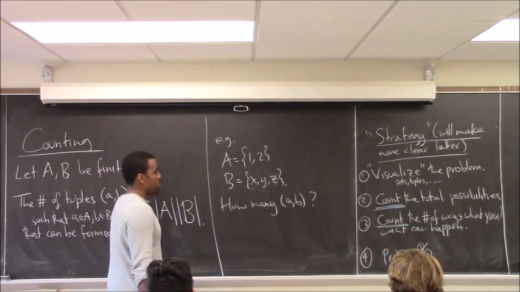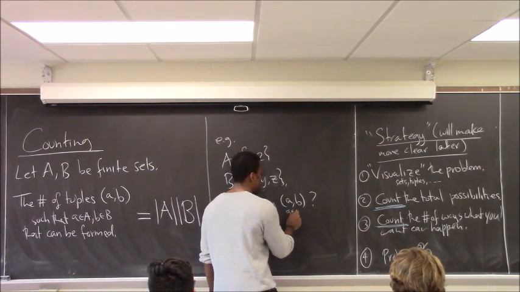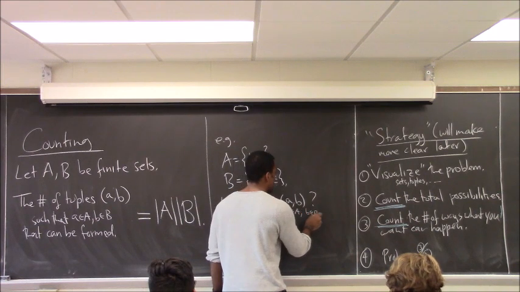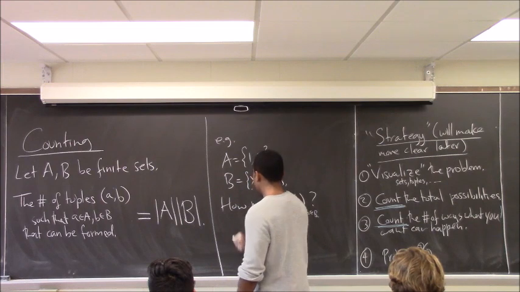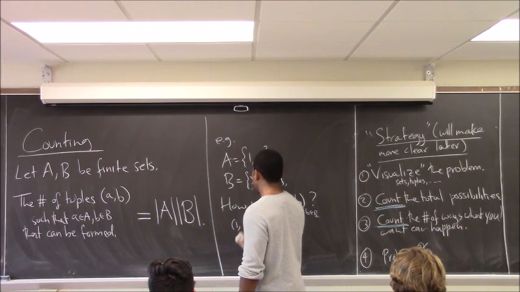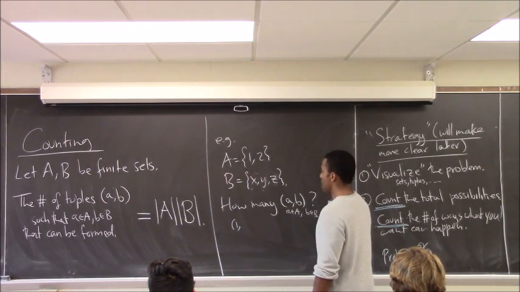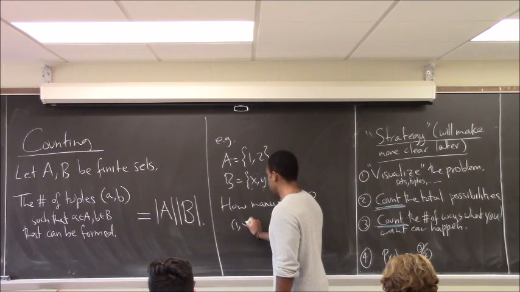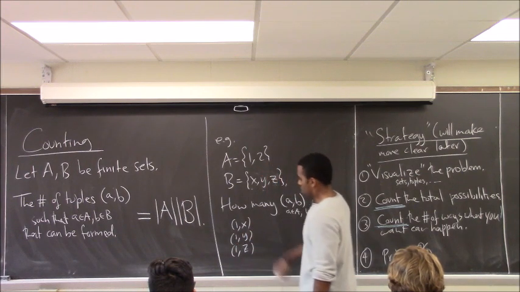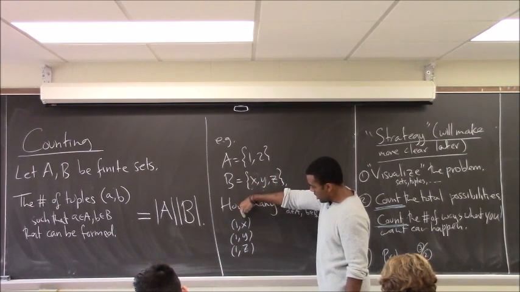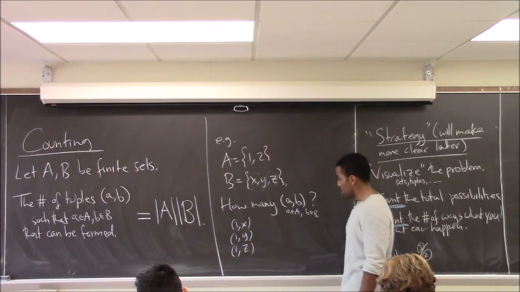How many (a, b) pairs are there, such that a is from A and b is from B? Well, in one situation, the a can be 1, and then the b has the option of being x, or y, or z, right? So once there's a 1 in the first position, there are 3 possibilities for the second position.